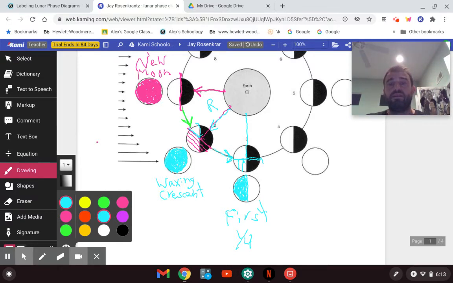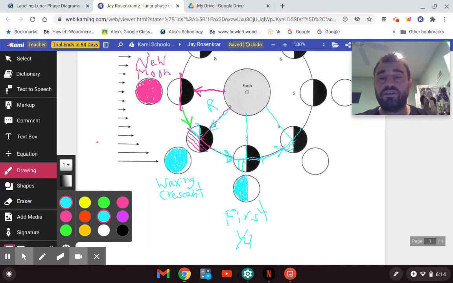All right. Next, it's going to move to position 4. Still going counterclockwise. So now the observer is going to look up. They're going to see most of the lit half, except for this little portion. So now they're seeing almost the entire lit half.